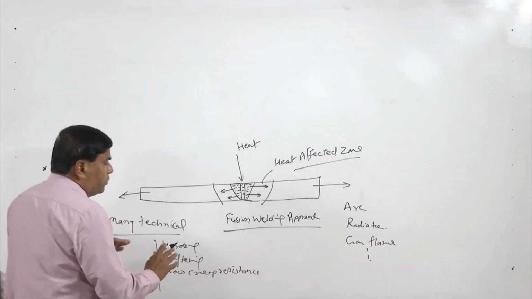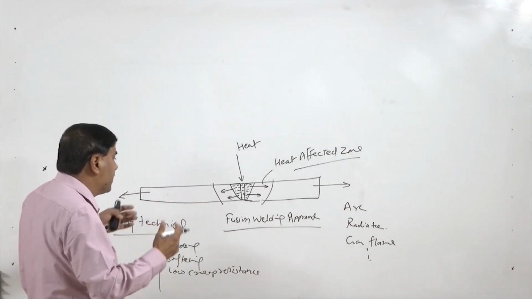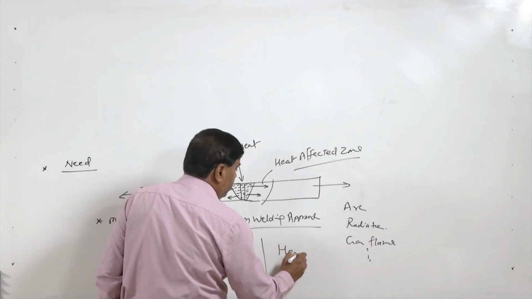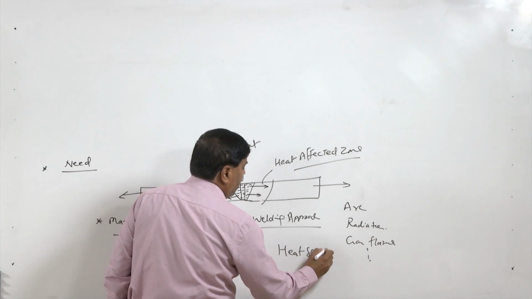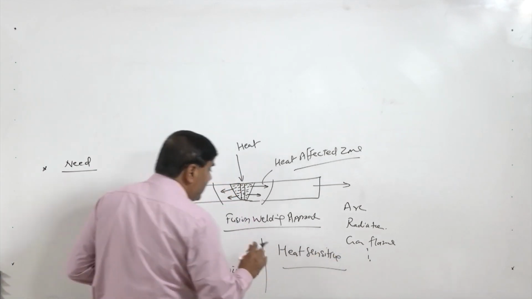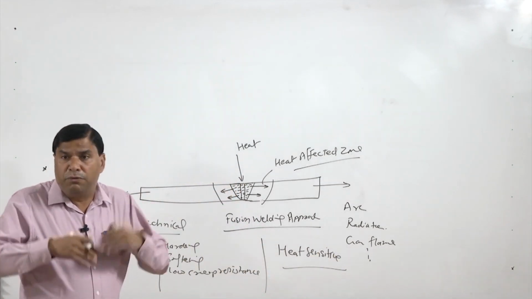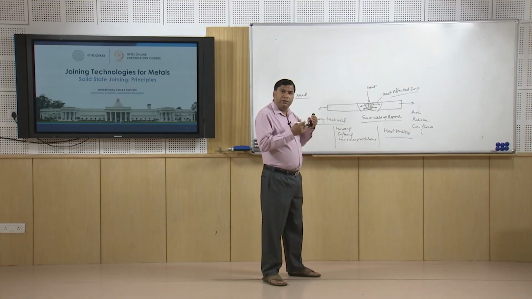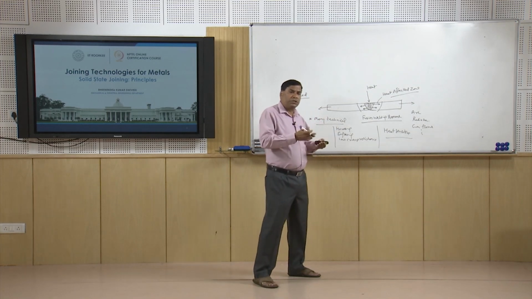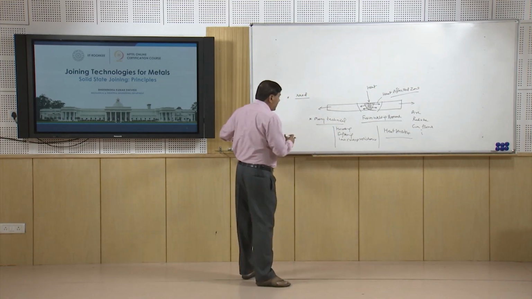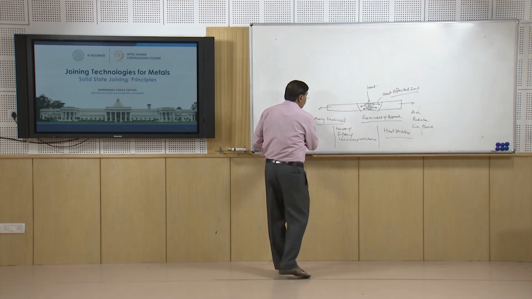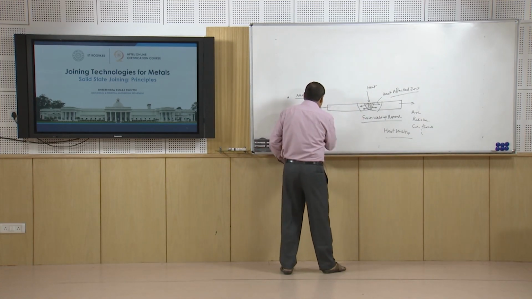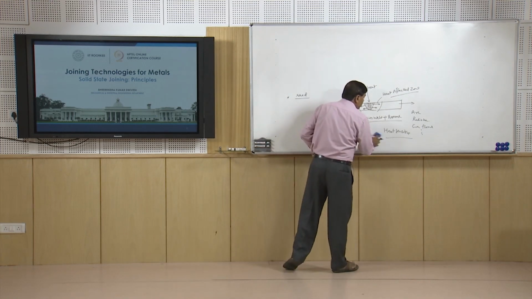So, these problems are very severe, especially in those systems which are extremely heat sensitive. So, heat sensitive metals pose all these problems related with the heat affected zone. So, we prefer that they are joined using the processes which use lesser heat or no heat. So, this is one aspect related with the delivery of the high heat input.